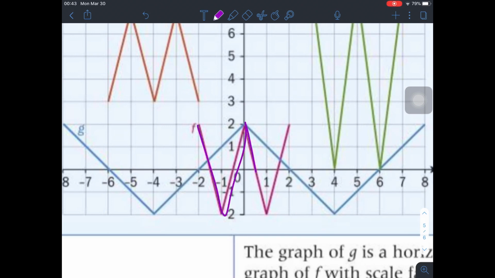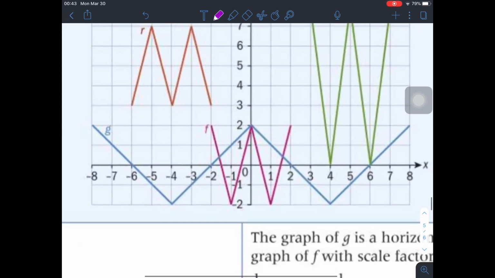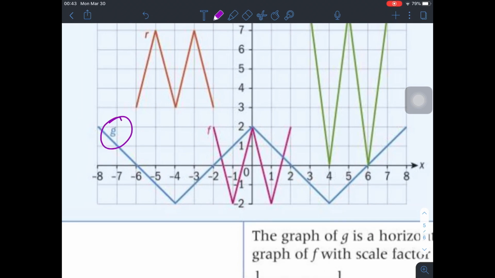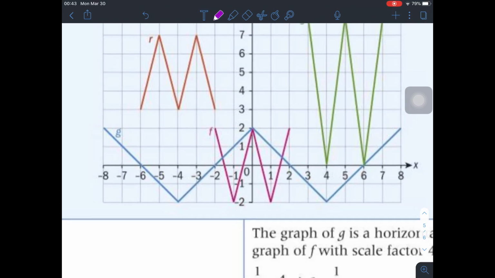So pay attention, the original function is always f in this case, which is a W here, okay? So how do you think we can obtain the function g from the graph of f? What I see is that here we have a horizontal stretch, right?